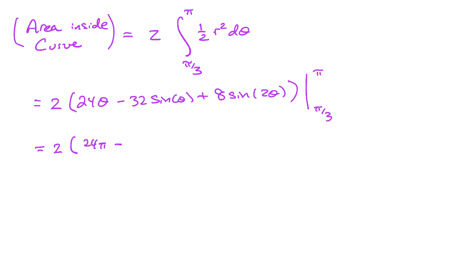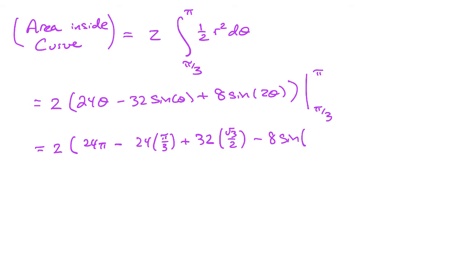So then what we get when we plug in pi over 3, so that we have 24 times pi over 3 minus a minus, which is a plus 32 sine of pi over 3, which will give us a root 3 over 2. And then minus our 8 times the sine of 2 pi over 3.